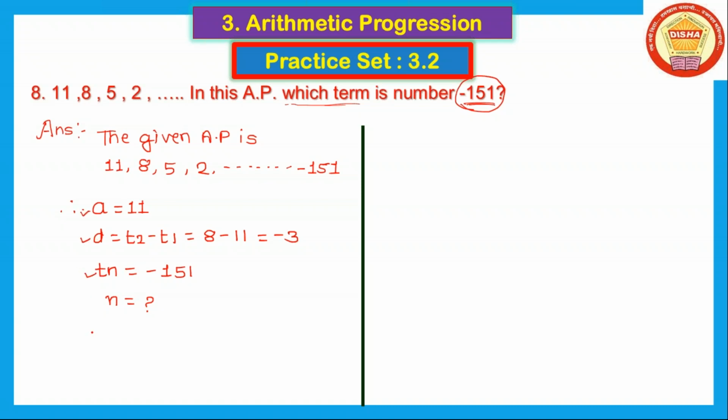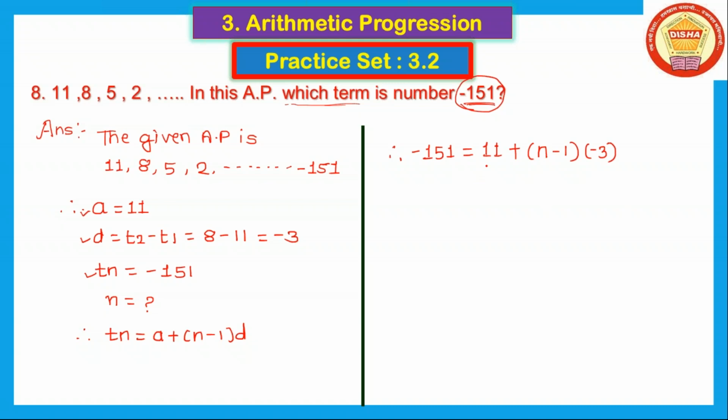So to find n, we use Tn is equal to A plus n minus 1 into D. Then we put the values: Tn is negative 151, A is 11, n is unknown so we keep n as it is, n minus 1 into D, where the common difference is negative 3.